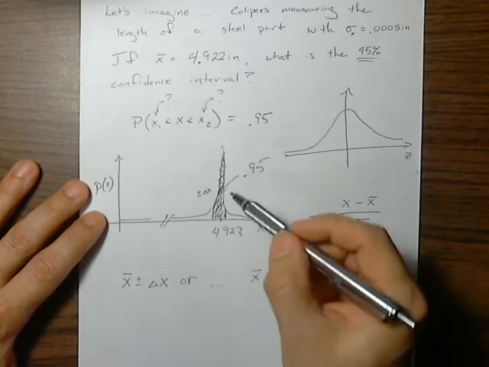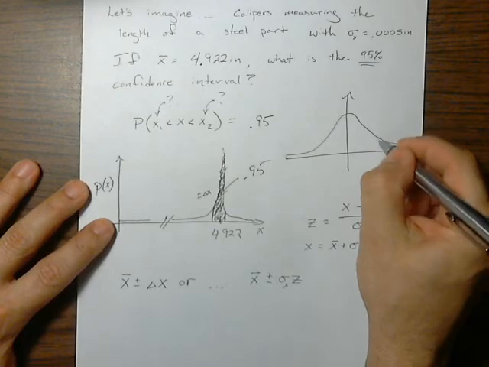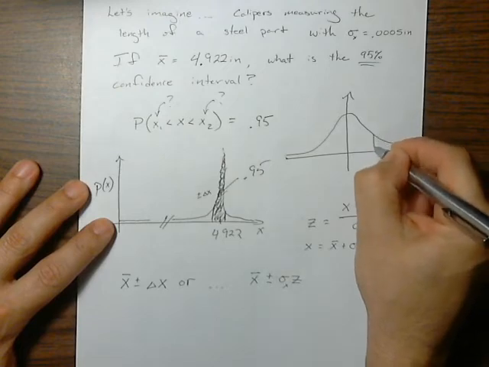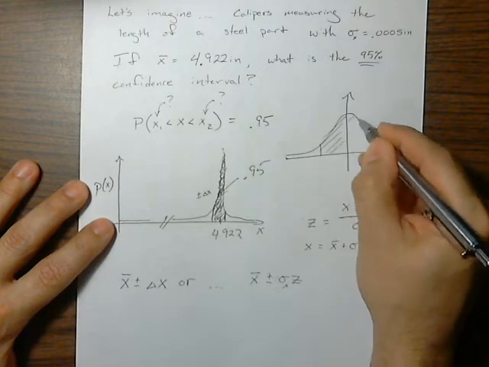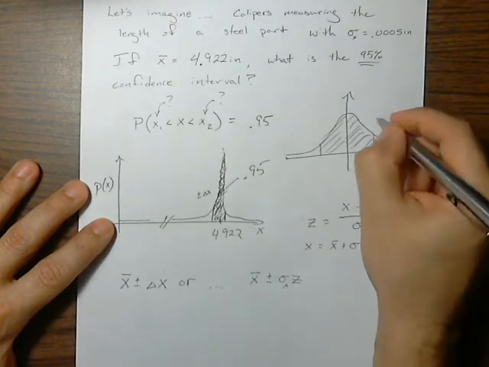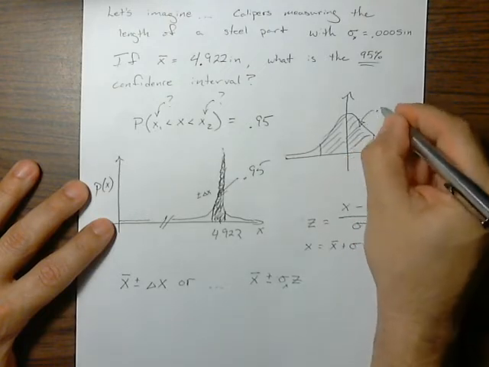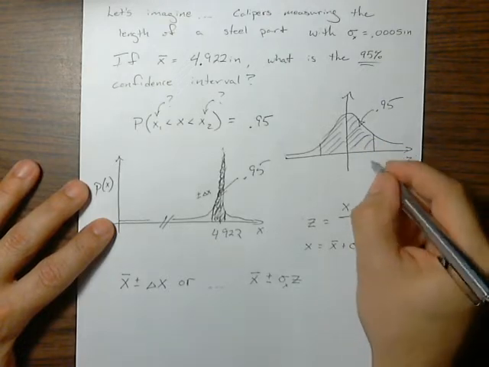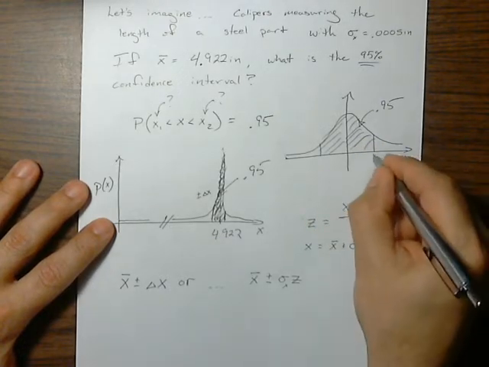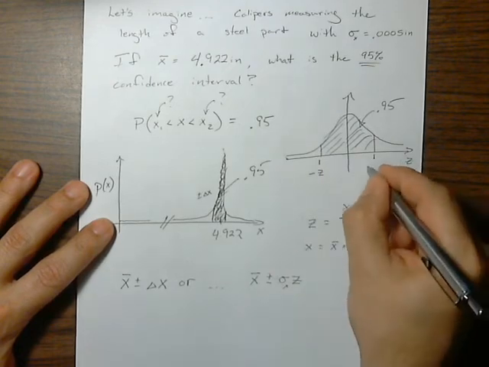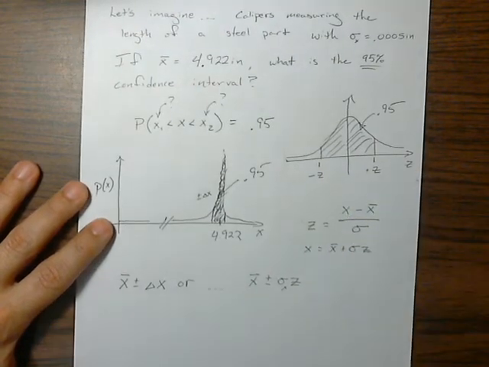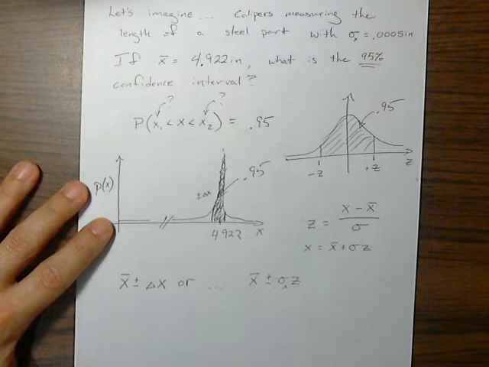What we want to do is figure out over what range of Z this area here would be 0.95. So plus or minus Z equals 0.95.